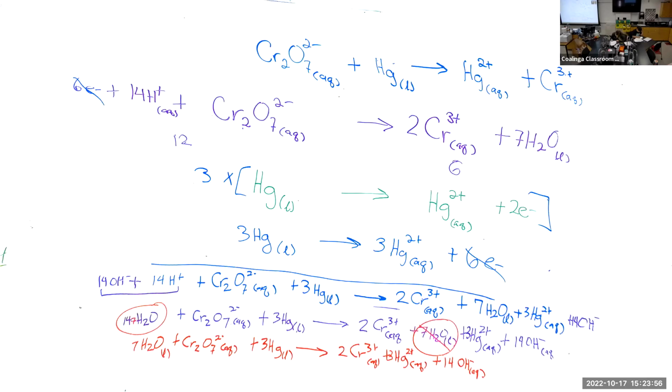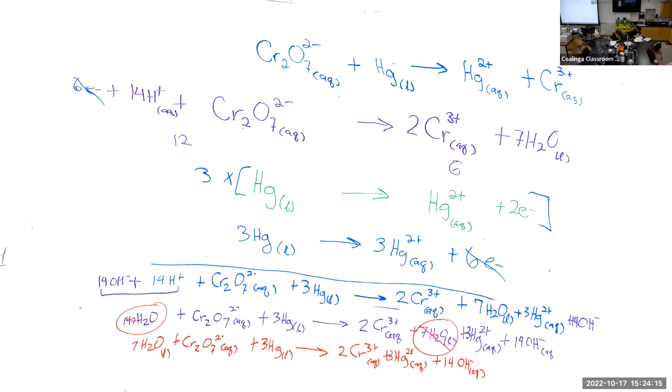Three mercuries, 2 chromiums, 7, 14 oxygens, 14 charges.